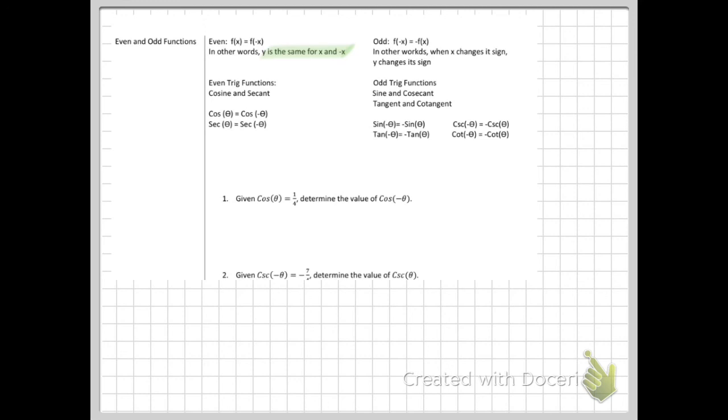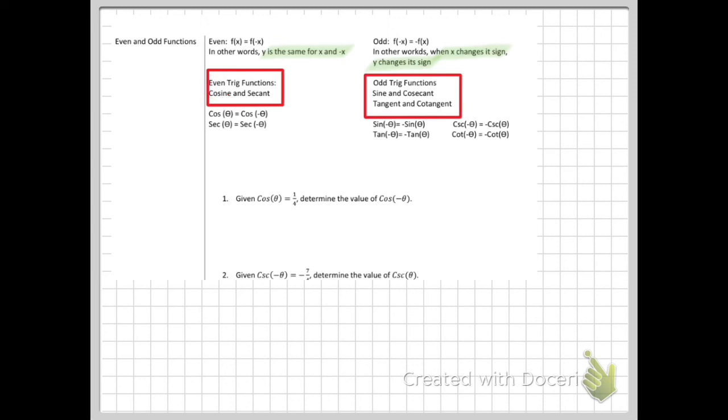An odd function, graphically, was when you can flip it upside down and it looks exactly the same, or when x changes its sign, y changes its sign. So for trig functions, cosine and its reciprocal end up being even, and sine and tangent and their reciprocals end up being odd. So easiest thing I think you should do is remember cosine is even. If you can remember cosine and its reciprocal is even, everything else is odd.